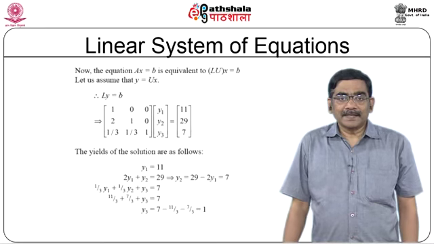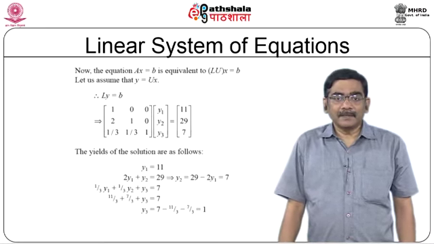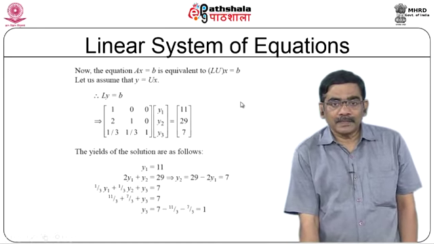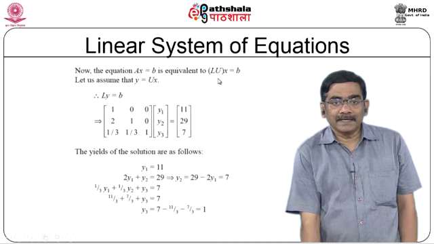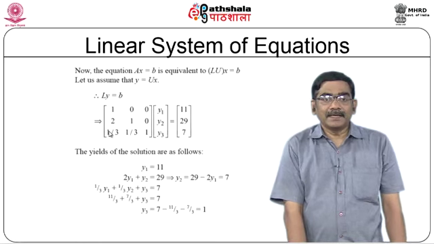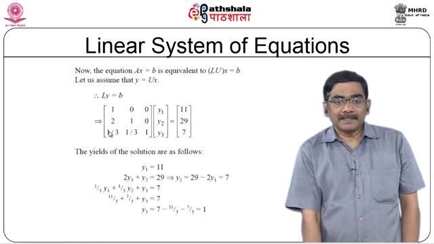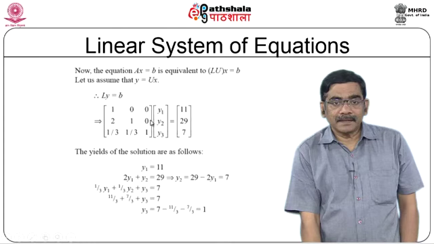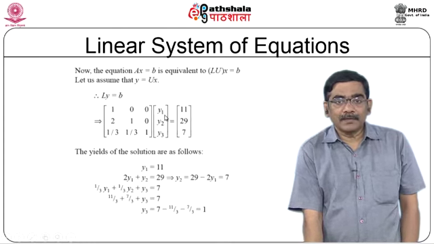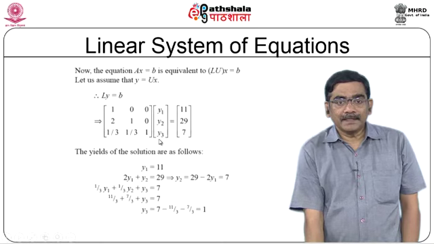So, now as we discussed earlier, we are going to replace AX equal to B with LUX equal to B. So, now we can set Ly equal to B. This is the matrix L which we obtained in the previous step. By substituting this, we have to find y1, y2, y3.